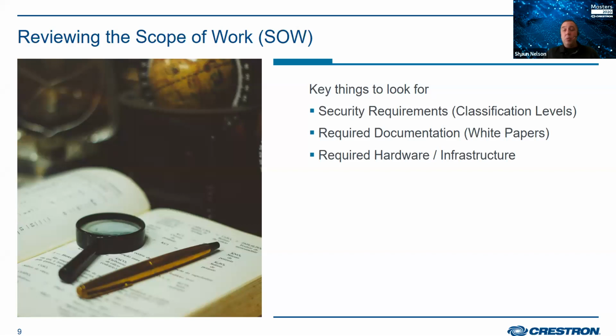Paying attention to the required infrastructure. I did say hardware and infrastructure. There are times where they dictate very specific things. They say that I'm going to use this specific make and model of display, and there may be specific things that they want in that, right? They could say, for example, I want to use the NVX 350 and I want it for these specific reasons, the scaler or the HDMI loop out, those tend to be the popular reasons.